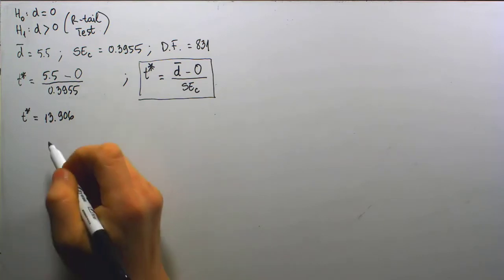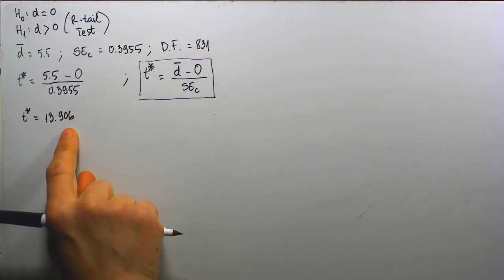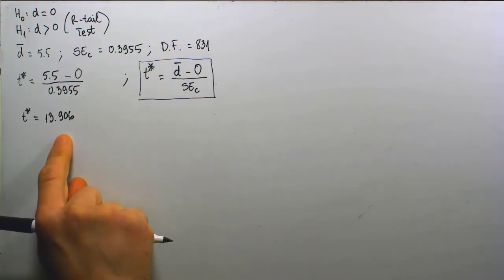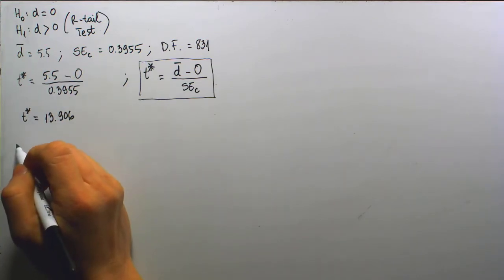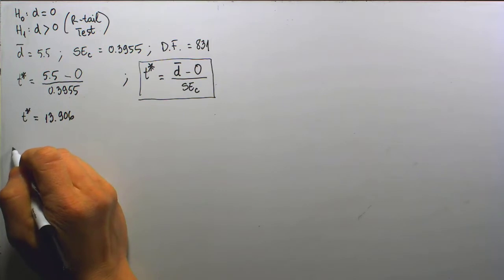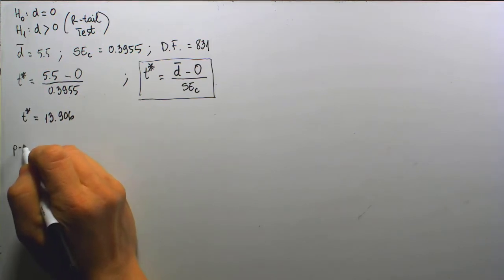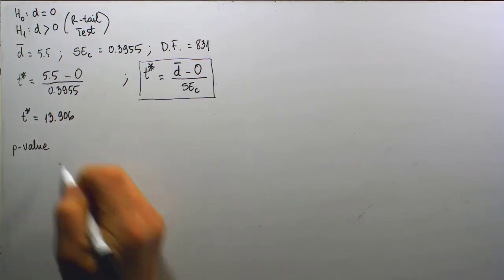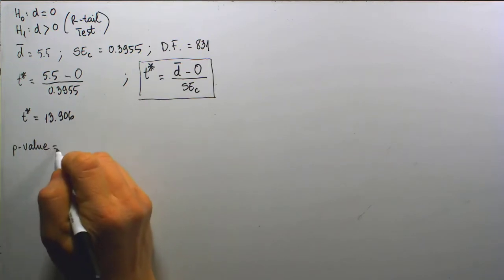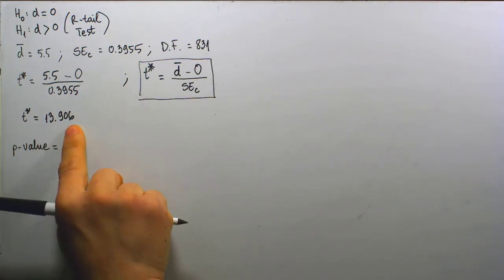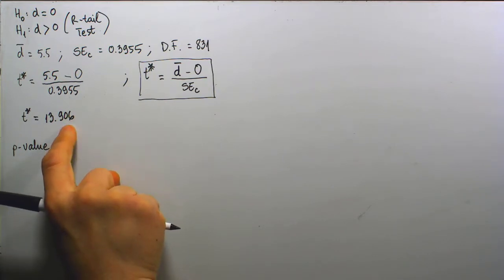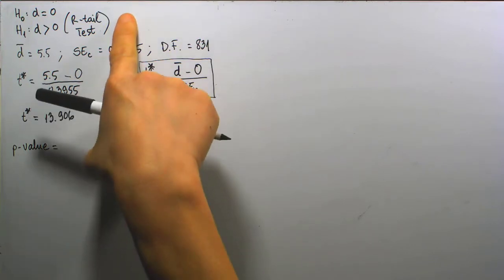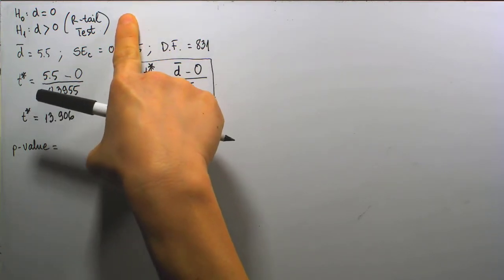And so now, having a positive T star that we calculated here, the next step is to calculate the p-value for our sample. And again, just like the explanation I delivered thoroughly throughout my example 1 that you have seen previously, this T star is positive, together with the fact that our testing hypothesis problem here is a right-tail test.